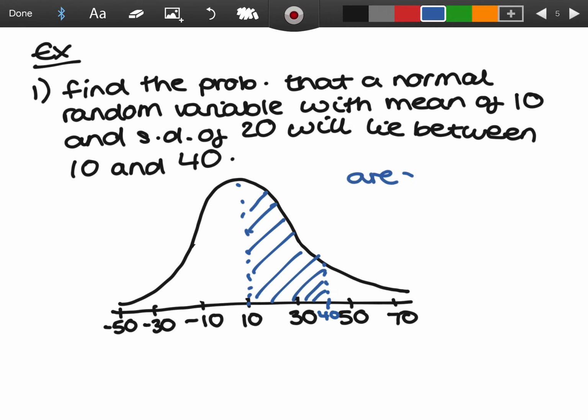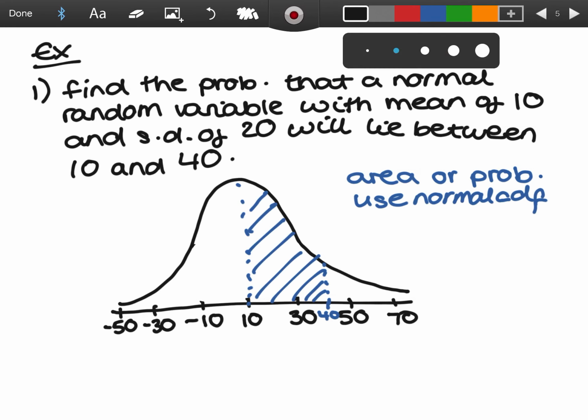Whenever you are looking for an area or probability, okay, because it's the same thing, the probability is the area under the curve between those 2 points, you use normal CDF. Okay, it's exactly the same as last time. We're going to use normal CDF. If you're looking for values, you use inverse norm. But for area or probability, you use normal CDF on the calculator.